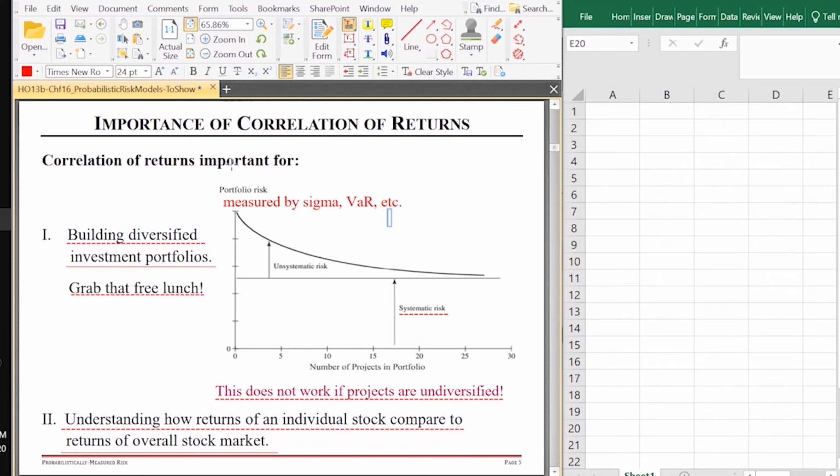So first, what we're going to do is look at some measures of correlation. Then we'll see how to use those measures to build diversified portfolios. And then we'll look at how we can use measures of correlation to understand how the returns of one stock compare to the overall market.